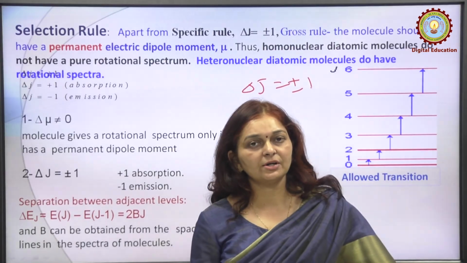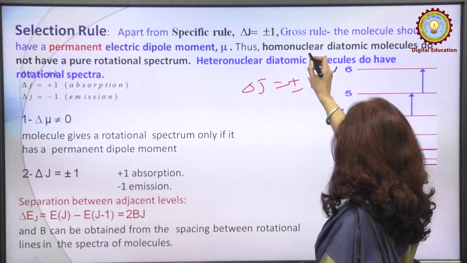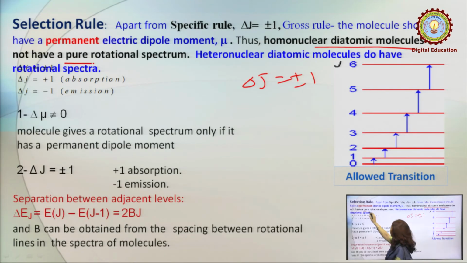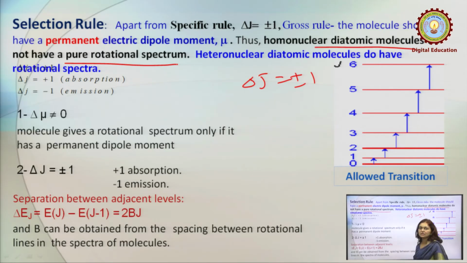Homonuclear molecules do not have a pure rotational spectrum because they do not have a dipole moment. Only heteronuclear diatomic molecules have rotational spectra. Delta J equals plus 1 is for absorption spectra, and delta J equals minus 1 is for emission spectra. These are the allowed transitions.